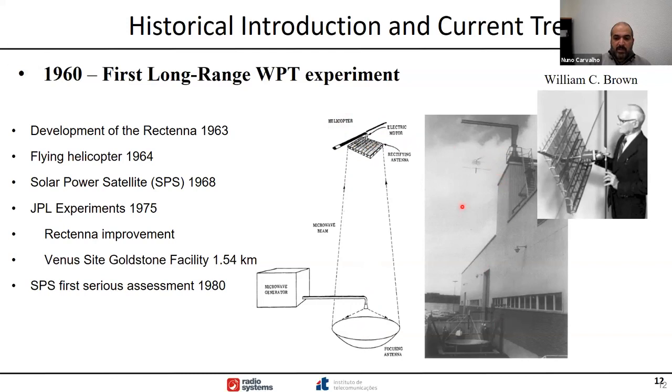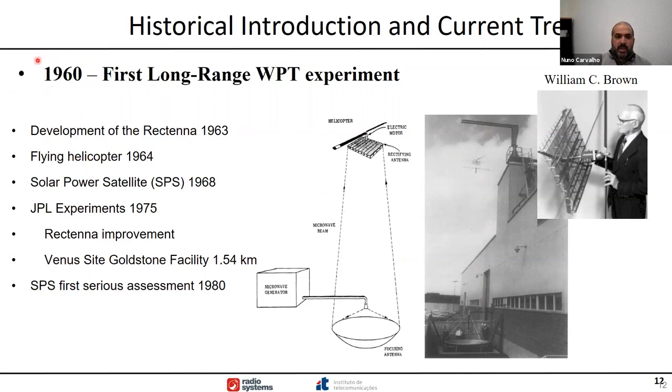If you can see this in this figure, you have the reflector at the bottom, you send the beam to this device, and the device was connected with a cable so that it doesn't fall. But when you have the energy being supplied to this antenna, this makes the propeller move, and you have a flying helicopter without any energy on board. So the energy was beamed from the ground.